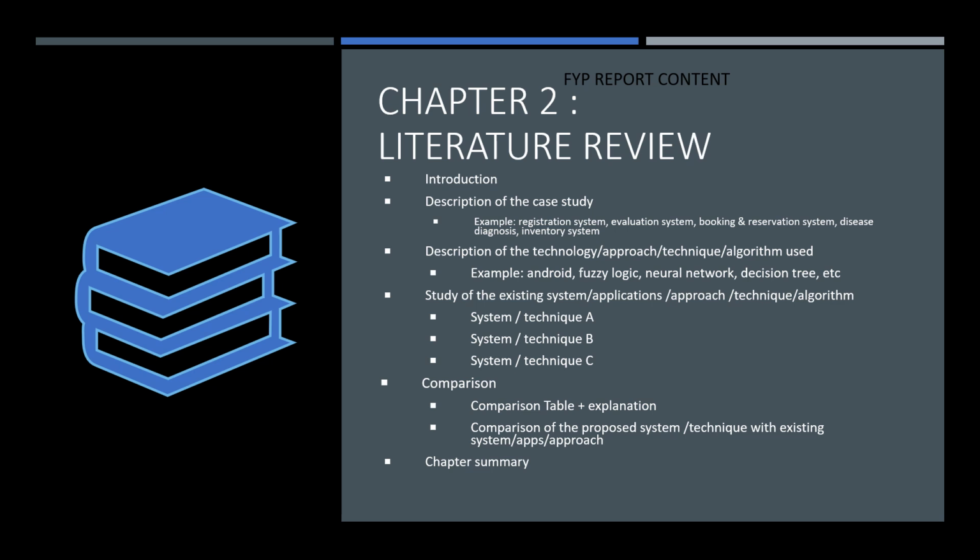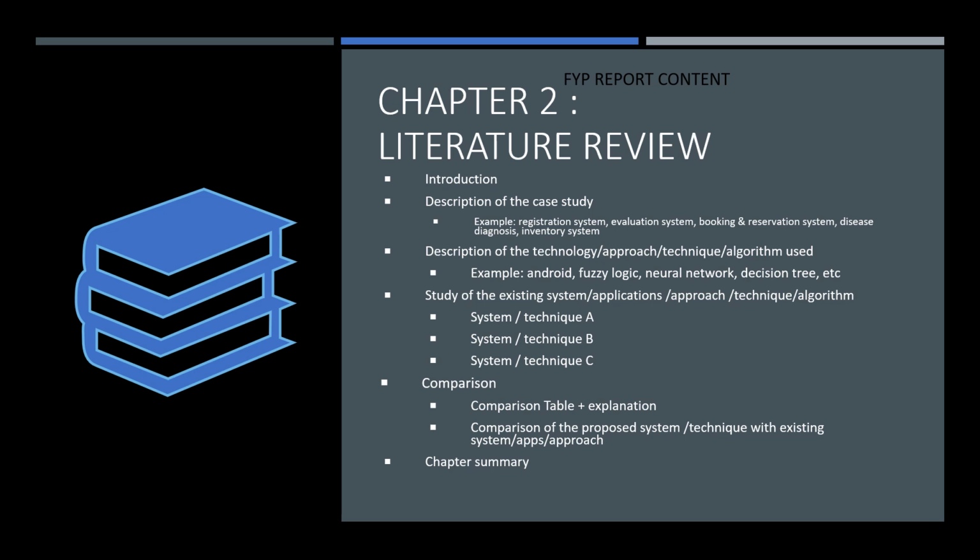The first one should be the introduction. 2.1 is introduction. And then 2.2 is description of the case study. And then it's followed by the description of the technology or approach or technique or algorithm used. And then the following subsection will be the study of the existing system or application or approach or technique or algorithm.